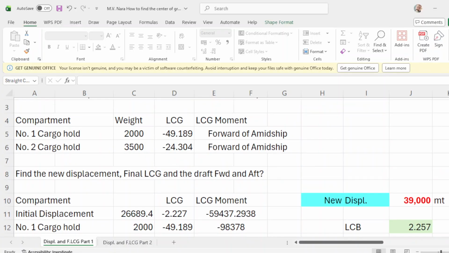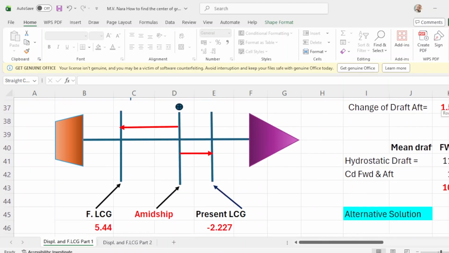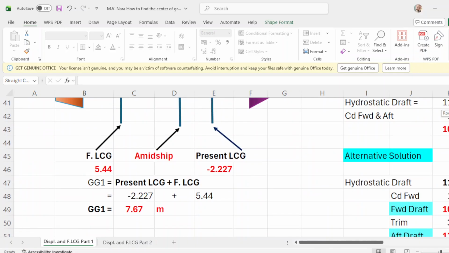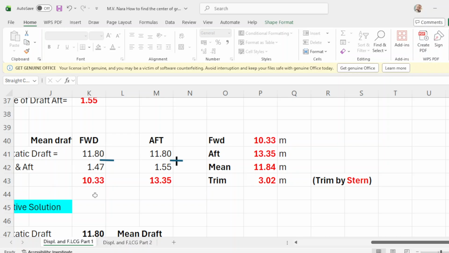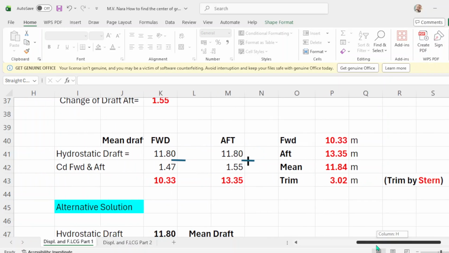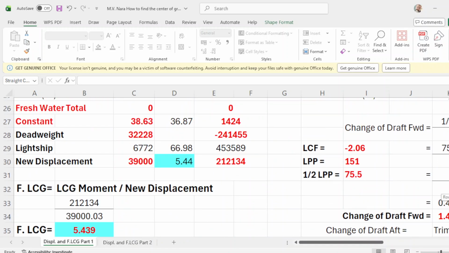Then the draft forward and aft: draft forward is 10.33 and aft is 13.35, your mean drop is 11.84 and your trim is 3.02. Take note guys, this trim should equal this equation.